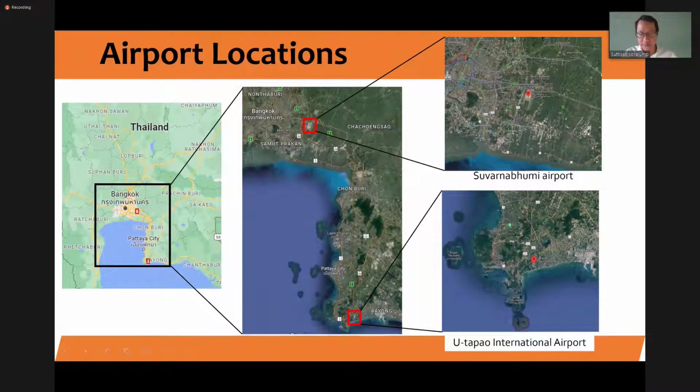Since the government is trying to expand the economic corridor in the eastern part, there's a necessity to have an international airport in the eastern part, in which there's already a military airport over here, and then they improve it to be an international airport and expand it to take more flight capacity. This is the location of U-Tapao International Airport over here in the eastern part.